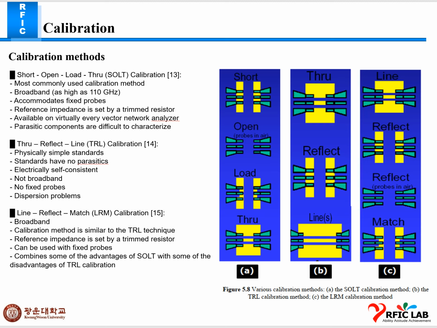And the last figure is about LRM, which is line-reflect-match. It is a broadband calibration method similar to TRL, and the reference impedance is set by the terminating resistor. It has fixed probes and combines the advantages of SOL with some of the disadvantages of TRL.